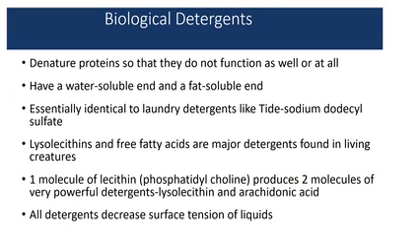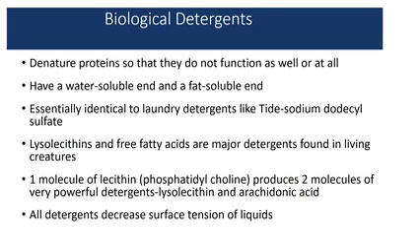So these biological detergents denature proteins so they don't function very well, or sometimes they don't function at all. And like the laundry detergent, they have a water-soluble and a fat-soluble end. And the two major biological detergents are lysolecithins and free fatty acids.